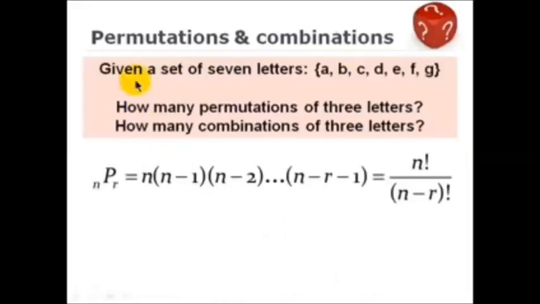So we can try an example here. Given a set of 7 letters, A, B, C, D, E, F, G, we can ask how many permutations of 3 letters and how many combinations of 3 letters.